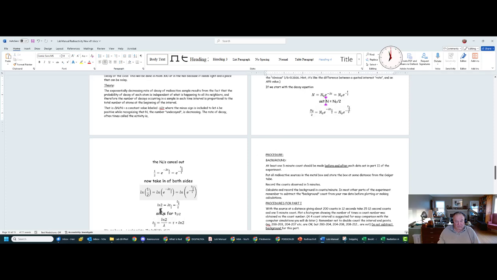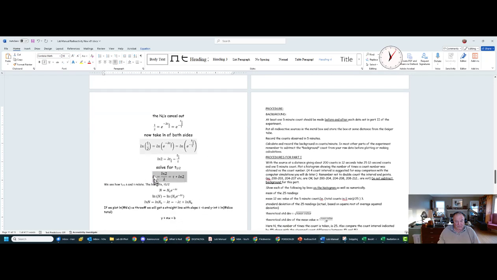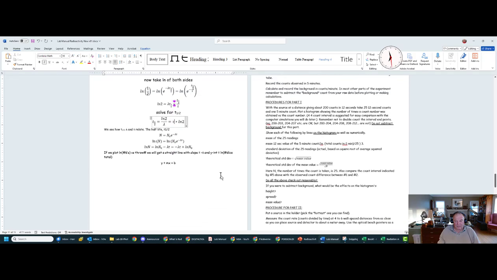But at the end of the day, once we measure lambda, then we know the half-life. We also know tau. I forget what tau is called. Lambda is the decay constant. But a lot of times people write it as t over tau instead of lambda t. But that's for the future.